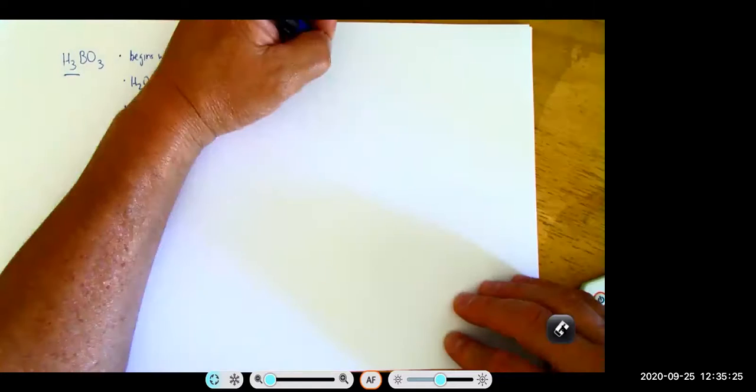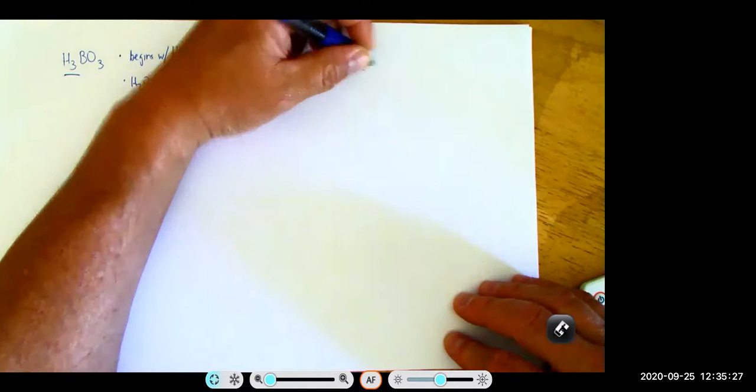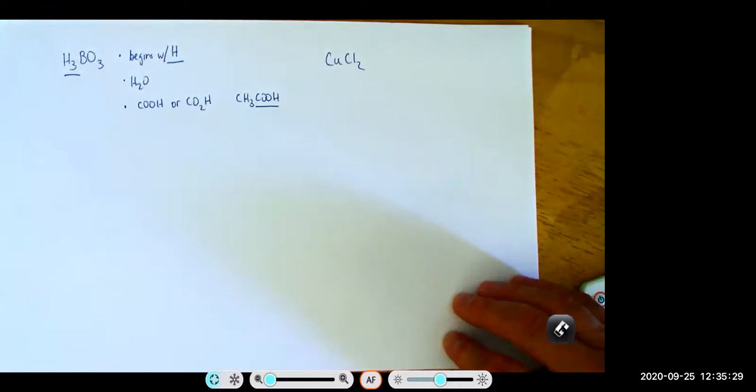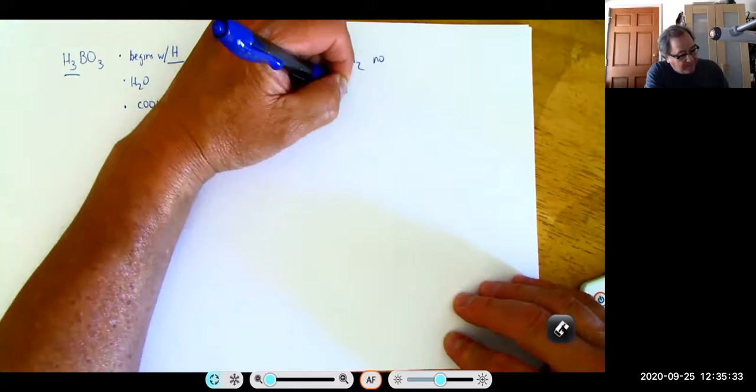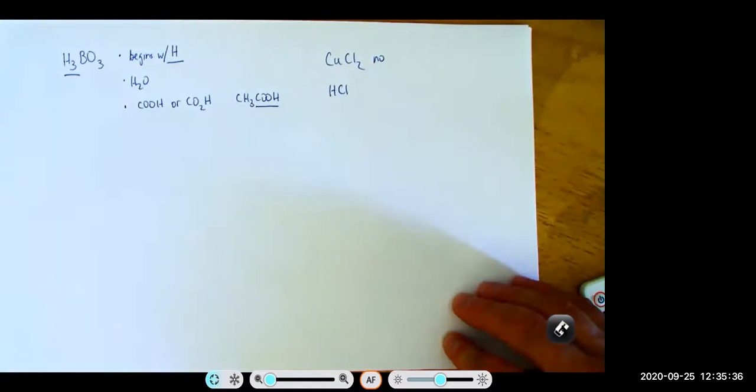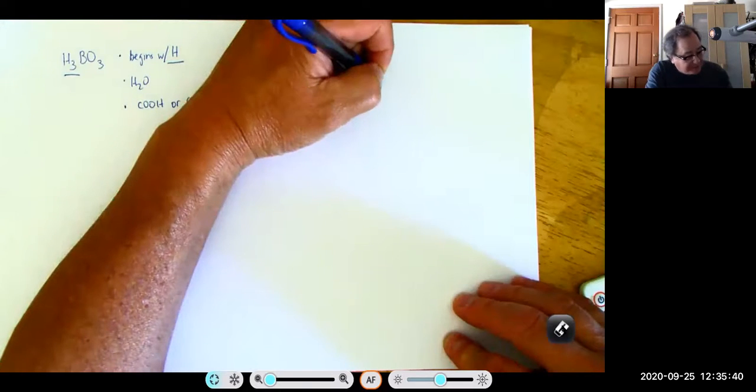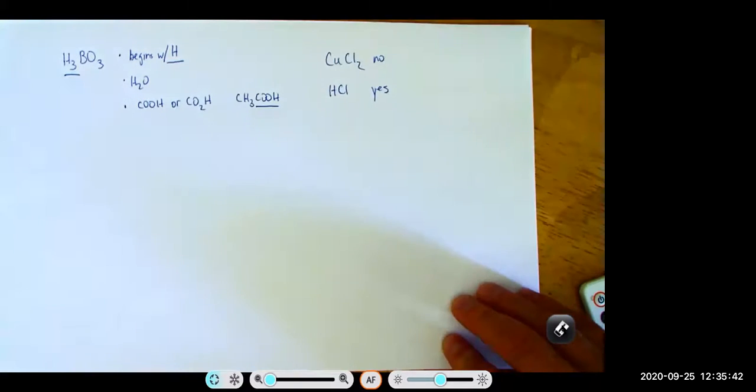So is this an acid? No. How about this? Could be a very weak acid. That's actually a strong acid. How about this one?